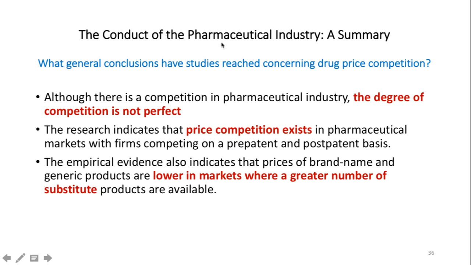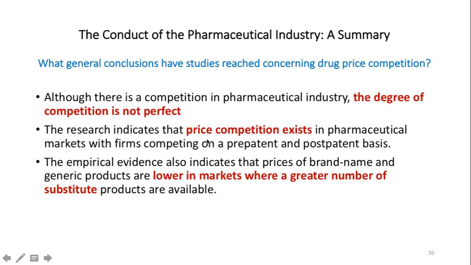In summary, on the conduct of the pharmaceutical industry, what general conclusion have studies reached concerning drug price competition? The evidence shows that although there is competition in the pharmaceutical industry, the degree of competition is not perfect.